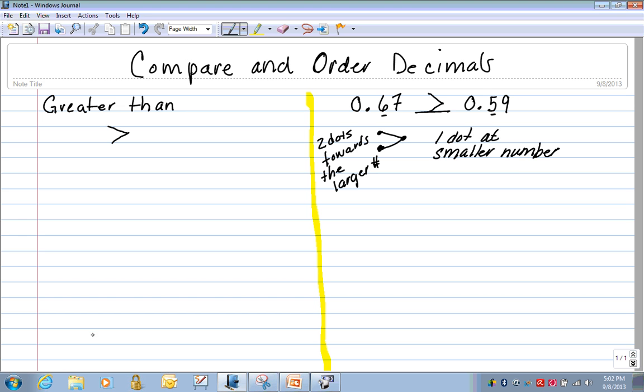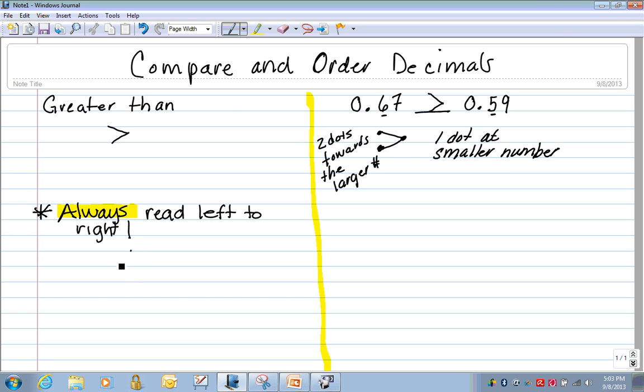Push pause for notes. Again, when we are comparing numbers, whether it's whole numbers or decimals, we want to always read left to right. I'm going to highlight that word always because it's very important.